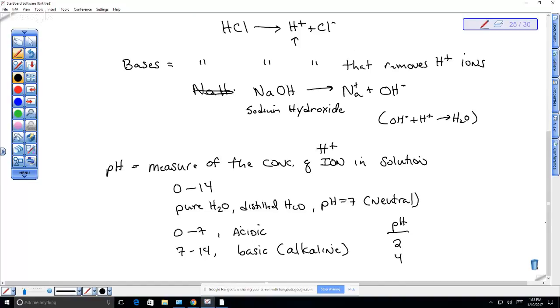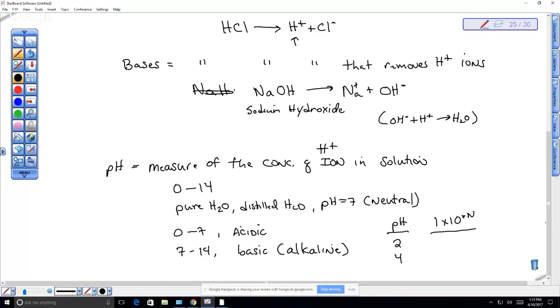Which one has a higher concentration of hydrogen ions? 2, right? Because the concentration of hydrogen ions is 1 times 10 to the negative n, with n being the pH. So it's a log, because this is times 10, but it also is a negative log.